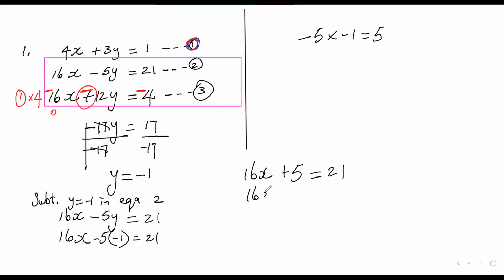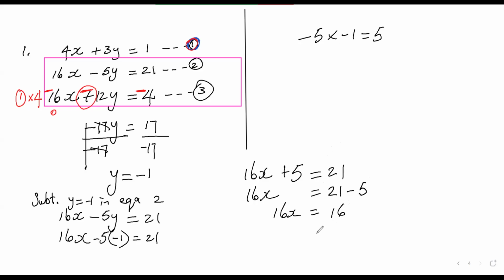So 16x is equal to, please, people in my class, I would like you all to put equal sign under equal sign. So that's 21 minus 5. So 16x is equal to, what is 21 minus 5 again? 16, right?